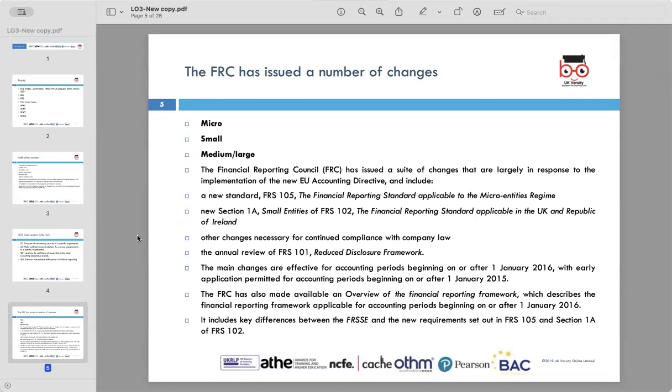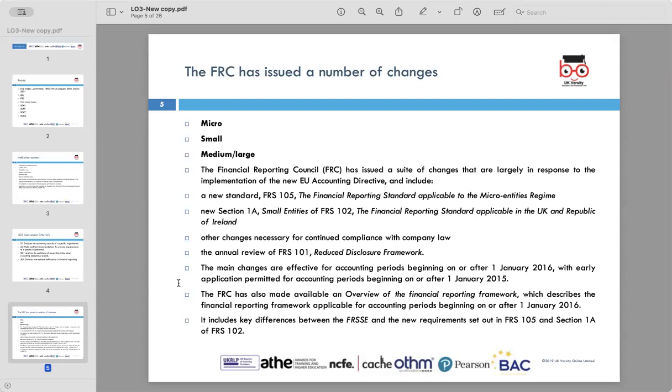These changes include new standards and amendments aimed at ensuring continued compliance with company law and improving the financial reporting framework for entities in the UK and Republic of Ireland.